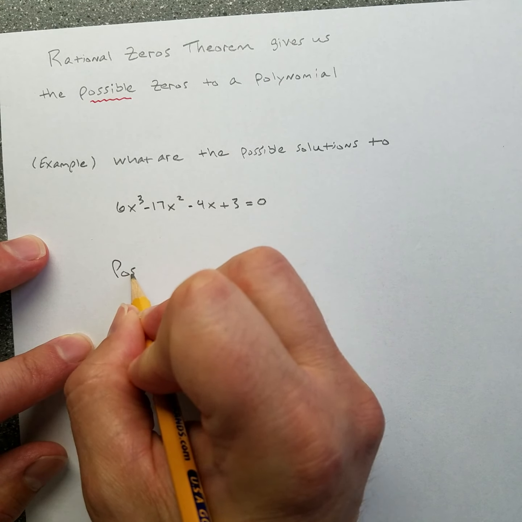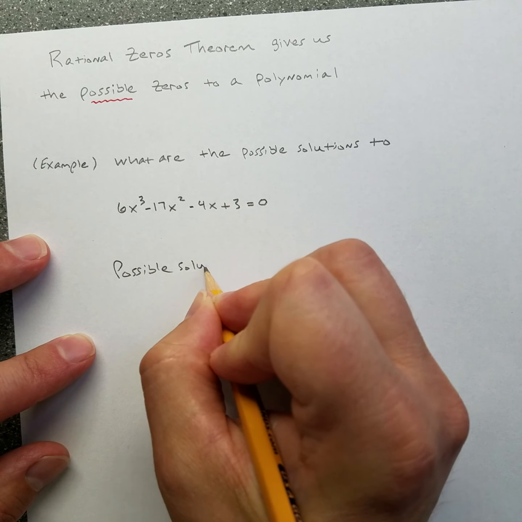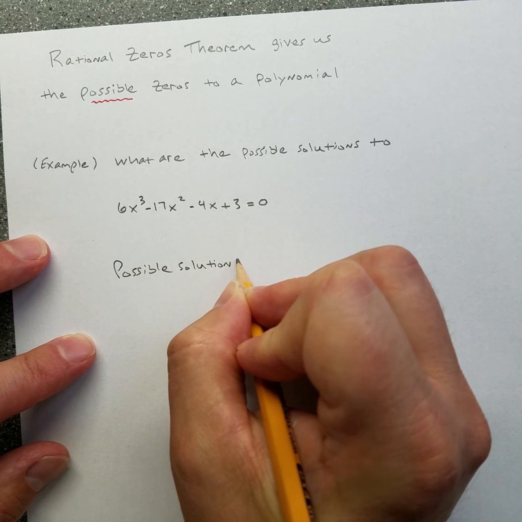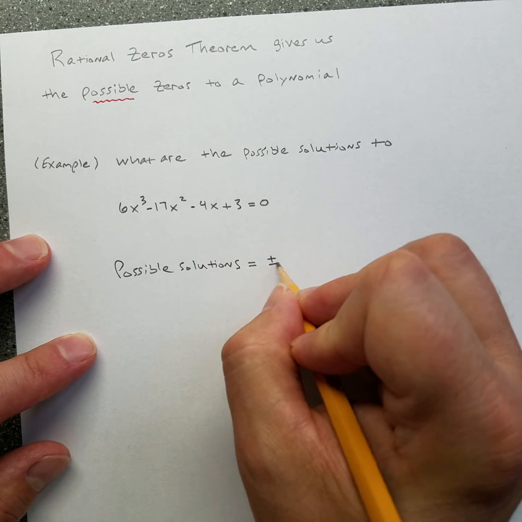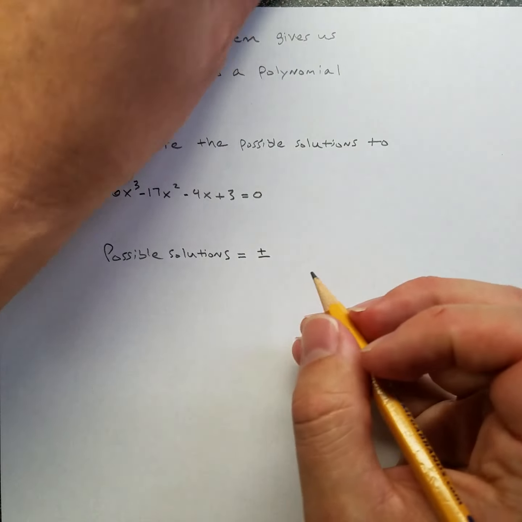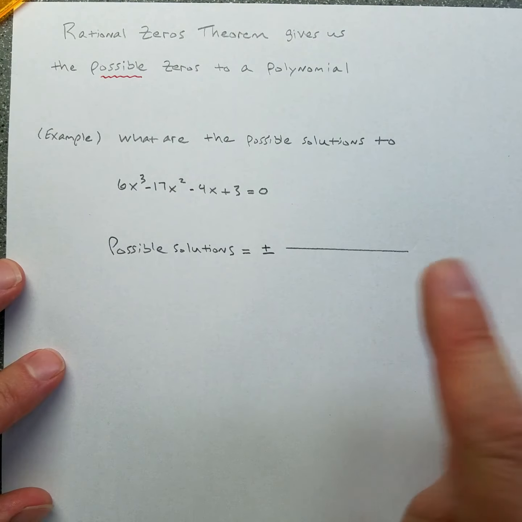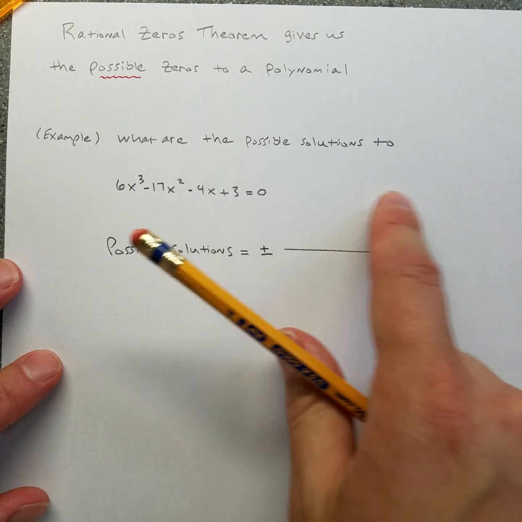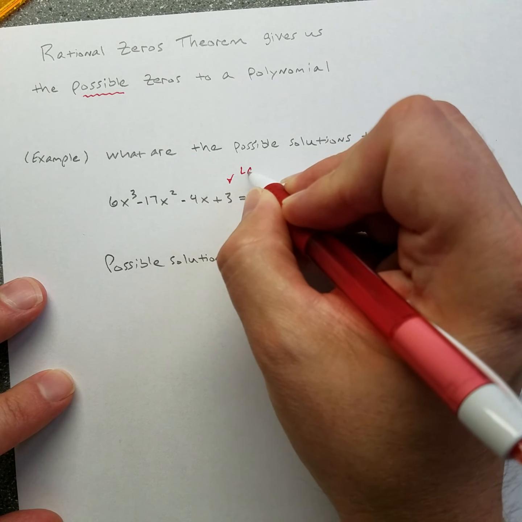Okay? So let's write down possible solutions. They are going to be either positive or negative. All right, that will be undetermined. Okay. And the way that we decide what the numbers are is we notice that there is a last term.